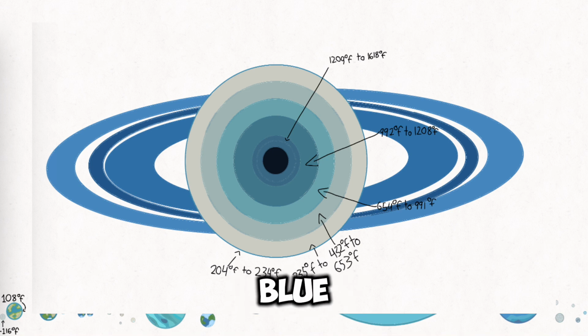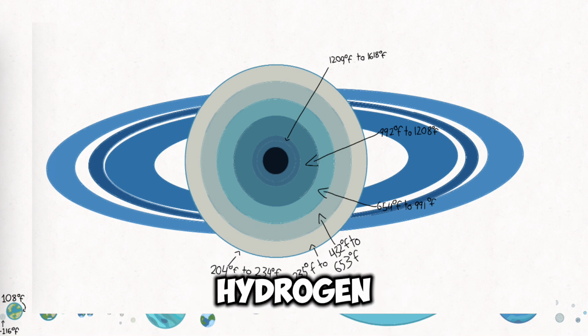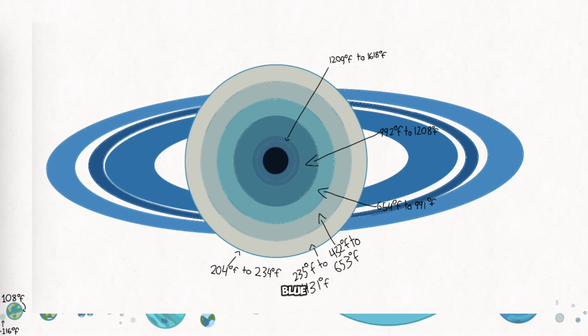It's barely even blue at all, because there is not a lot of water and hydrogen and nitrogen and oxygen to actually make it blue, unlike the rest of it, which is a whole lot more blue.